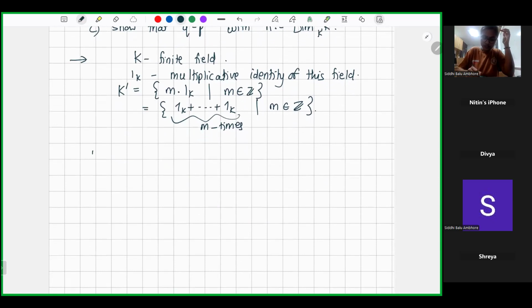Our first task is to prove that this K dash is a subfield of K.